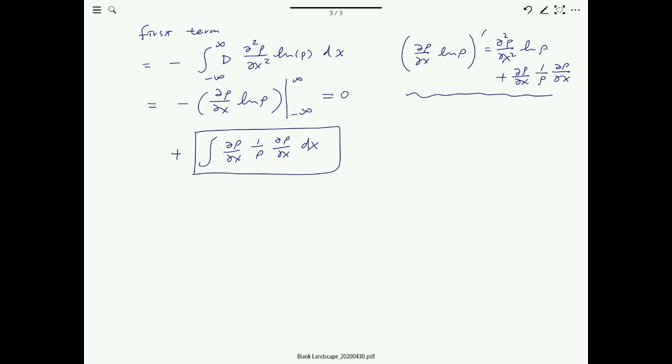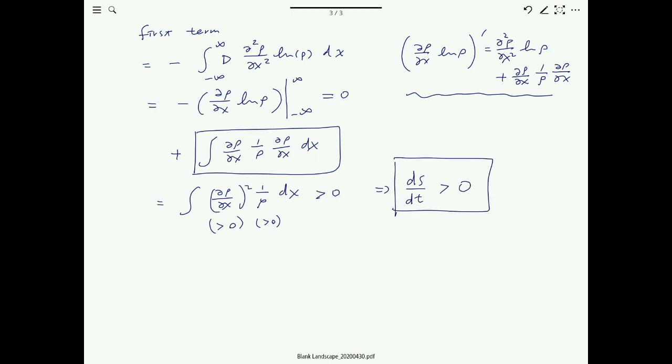So I have only this term left, and now this term I can easily group together. I can show that this is positive. This is something squared, so this is positive, and I know the probability density is positive, so that tells us this integration must be positive. So that means my entropy change is always a positive number.